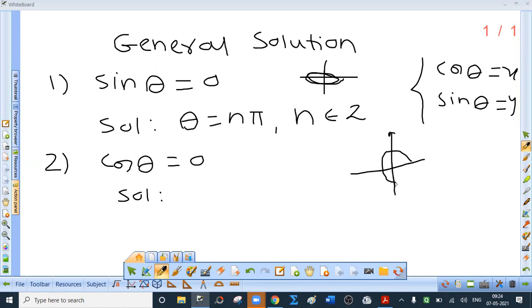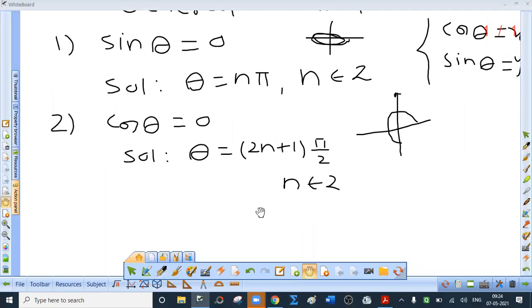And therefore, here I will say the general solution is theta equal to (2n plus 1) pi by 2, where n is an integer. If n is an integer, 2n is always even and 2n plus 1 is always odd. That is why I am saying for odd integral multiples of pi by 2, the cosine ratio has to be 0. I hope this is clear to you.